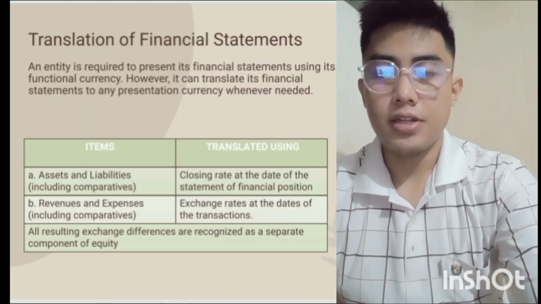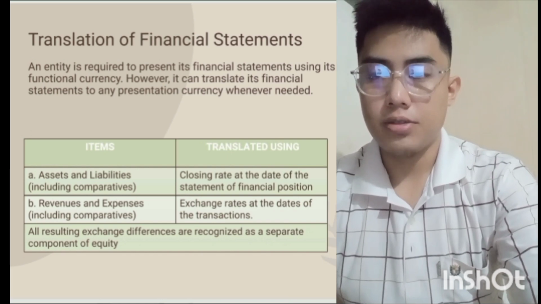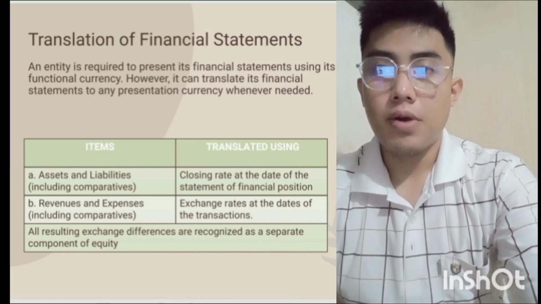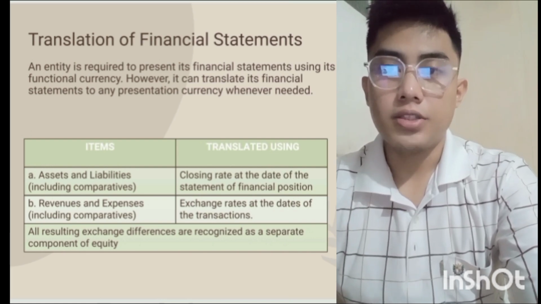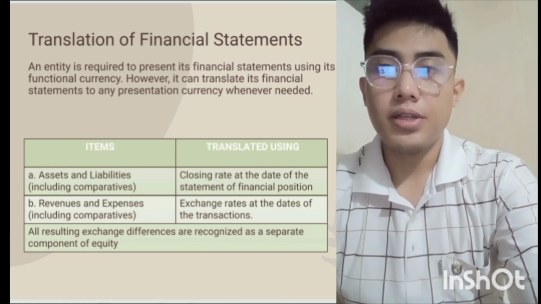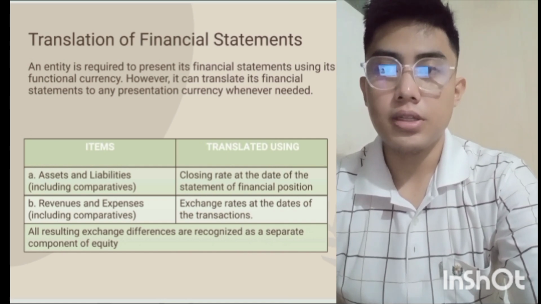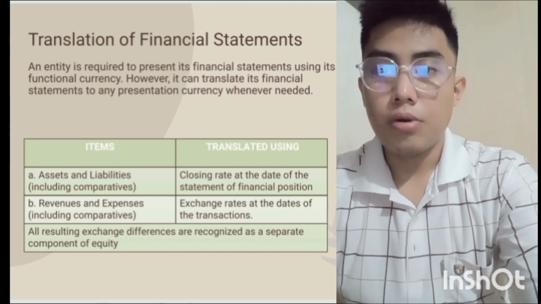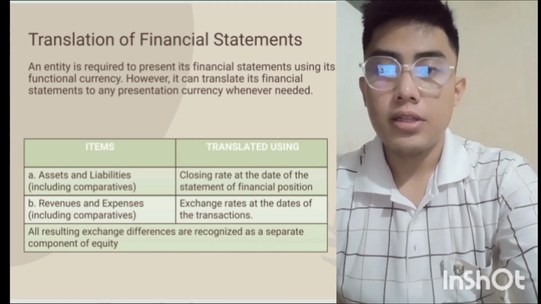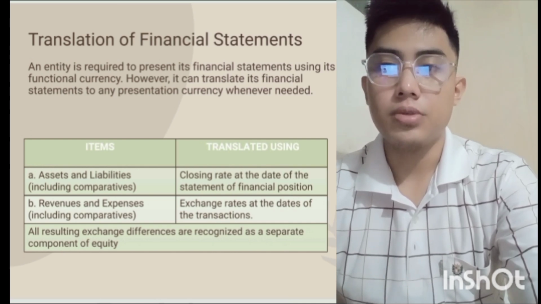Translation of financial statements. Lastly, let's cover the translation of financial statements. An entity is required to present its financial statements using its functional currency. However, it can translate its financial statements to any presentation currency whenever needed. For example, letter A, assets and liabilities, including comparatives, are translated using the closing rate at the date of the statement of financial position.